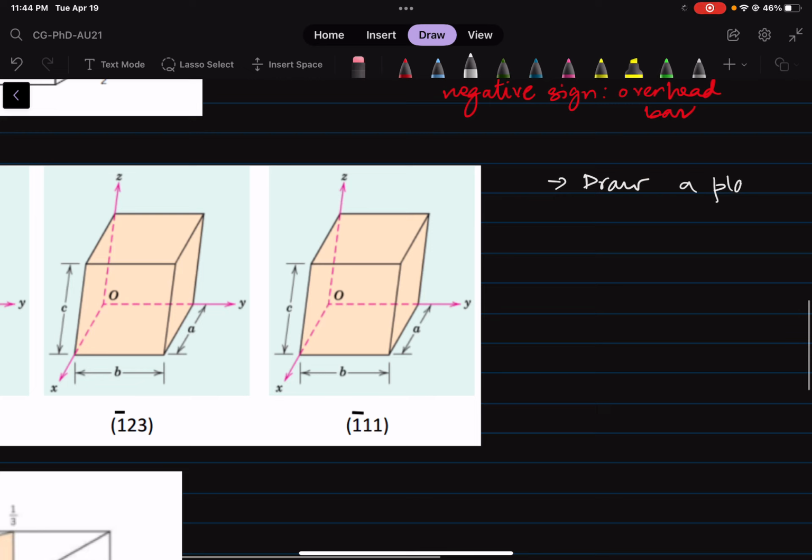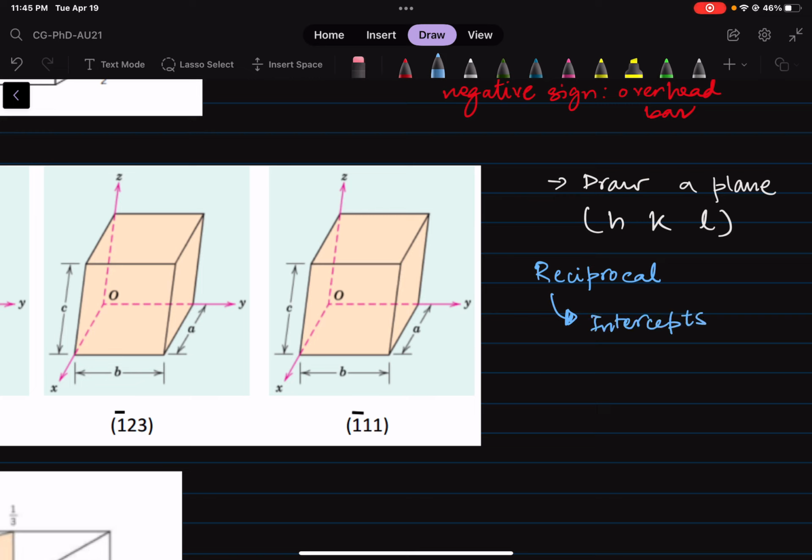So draw a plane, right? You have been given a plane notation, Miller notation, something parentheses HKL. What we'll do now is we will take the opposite pathway. We'll do the reciprocal first, and that reciprocal will just give you the intercepts, right?